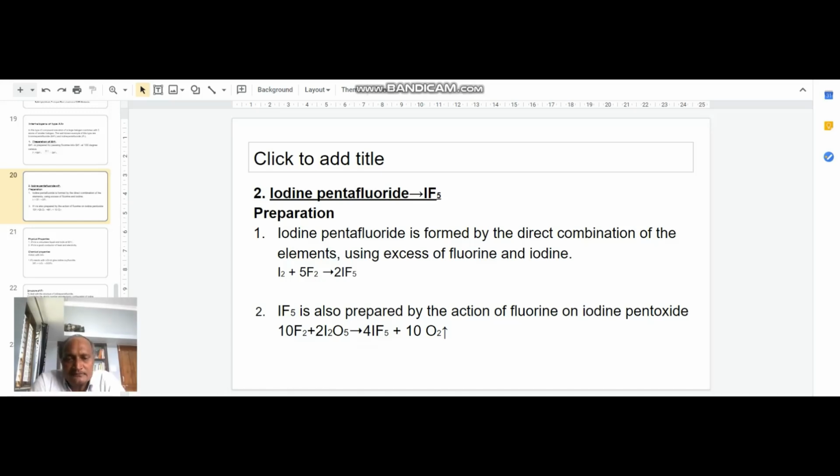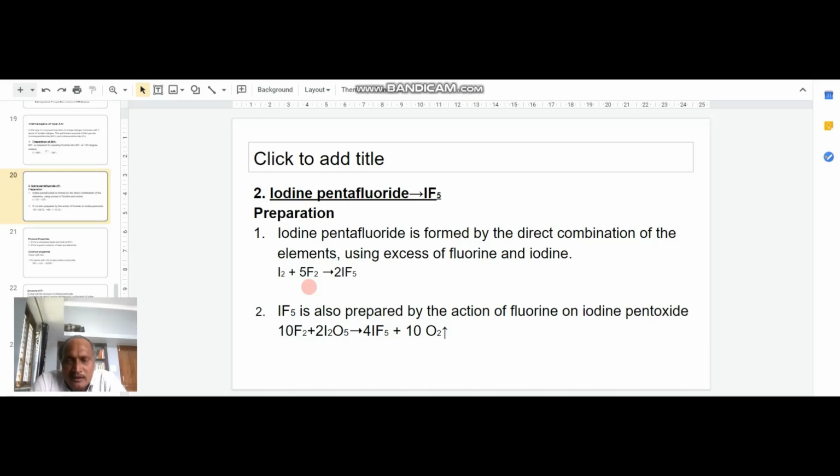Coming to the second method of preparation of iodine pentafluoride. In the first method, iodine pentafluoride is obtained simply by treating elemental iodine with excess of fluorine.